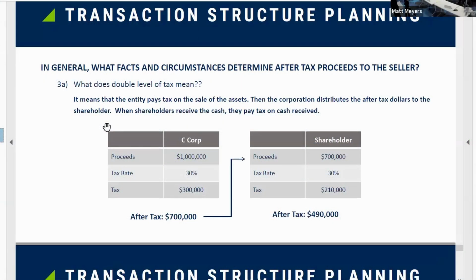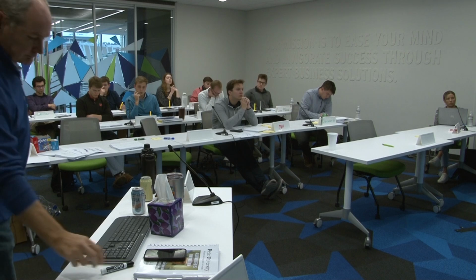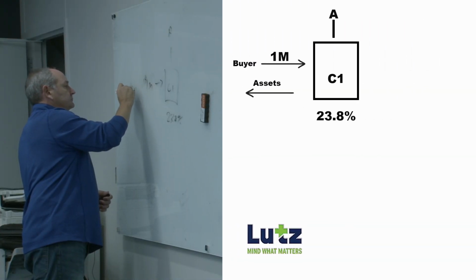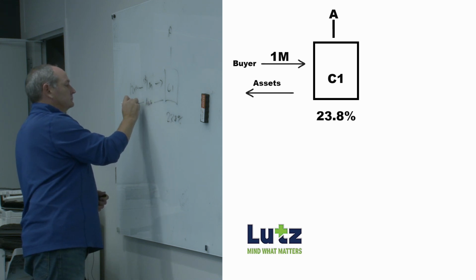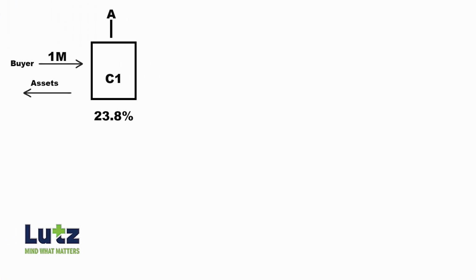Okay, what does double tax mean? How do we get there? Okay, so if we have our C Corp, the C Corp is paid $1 million by the buyer, and assets are transferred to the buyer. That's the first box there.